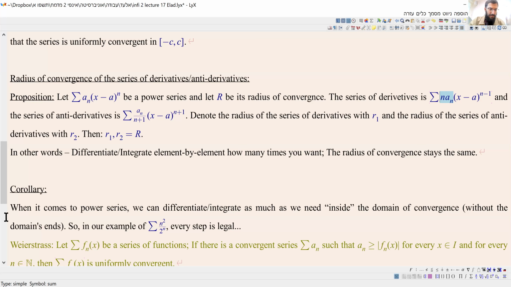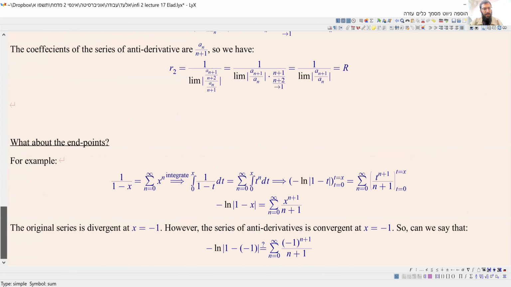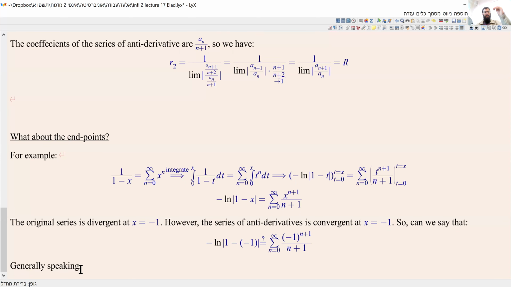So this is my second question. Yeah, for my first question, is it legal? Yes. And generally speaking, you know what? Let's answer the second question first, and then move to this question.